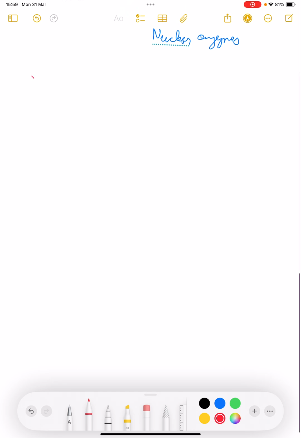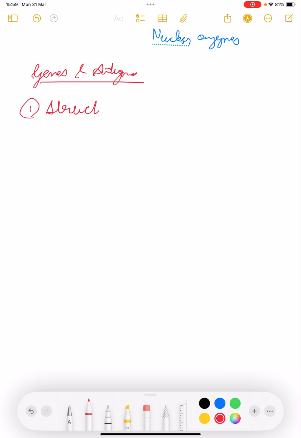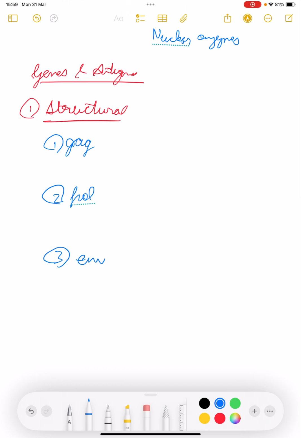Talking about the genes and antigens, we have structural genes which form the structure of the HIV virus. There are three structural genes: the GAG gene, POL gene, and ENV gene.